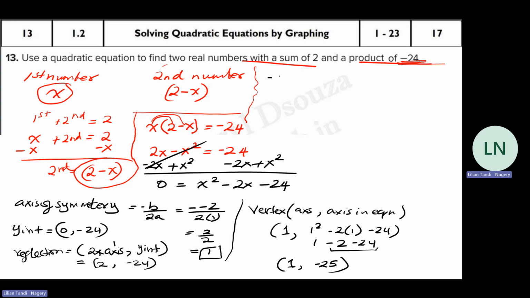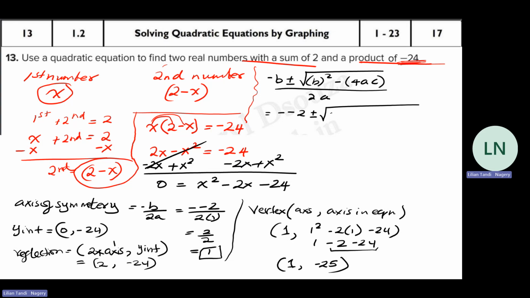Okay, so I will do negative b plus or minus the square root of b squared minus 4ac, over 2a. So that will be negative negative 2 plus or minus the square root of negative 2 squared, minus 4 times 1 times negative 24, all over 2 times 1.